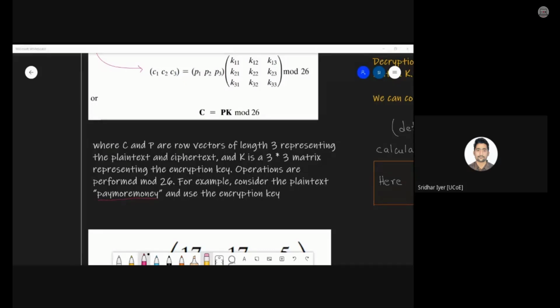So what you can do is, the key size is 3 by 3 as it is already mentioned. So you have to break it up into groups of 3. So if the plain text is of length 12, then you have to break it into 4 parts of 3. So we'll be working on each of the different parts, and then we will combine the different ciphertexts to get a final ciphertext. Am I clear?